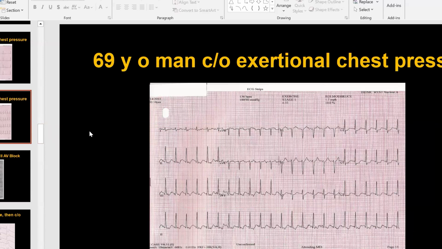Yeah. There often are non-specific STT abnormalities with a rapid rate, although it is pretty unusual to have ischemia as a cause of rapid AFib. It's not impossible, but it's pretty unlikely.